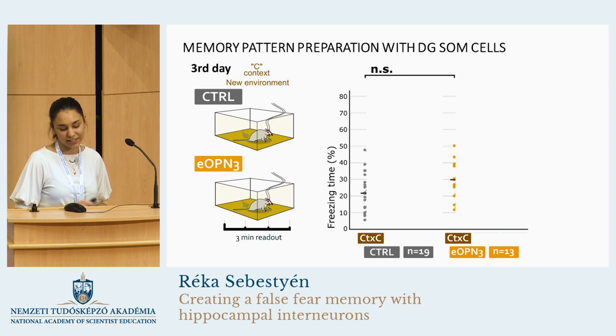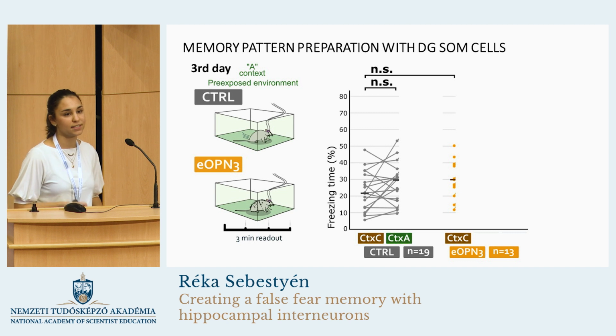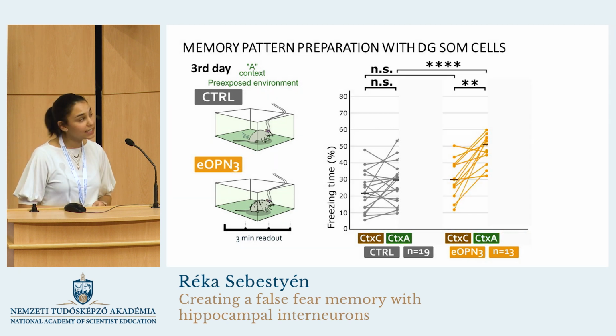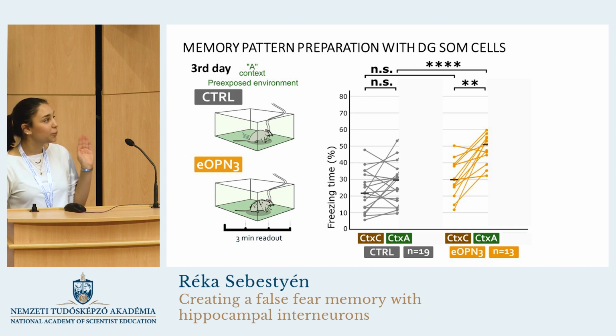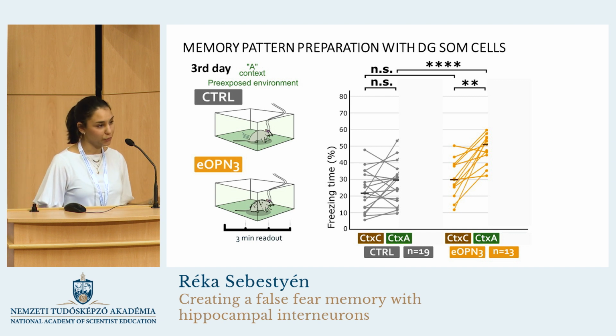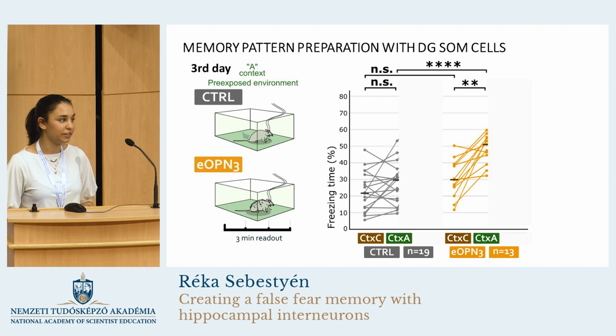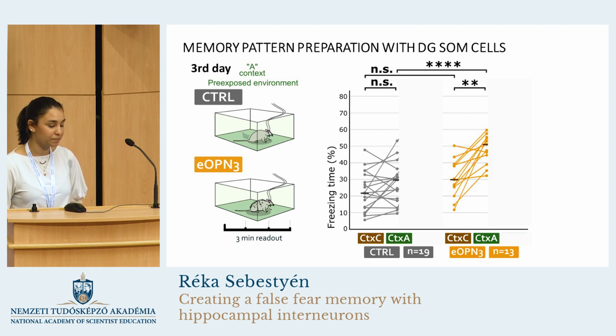But then, interestingly enough, we placed these mice back into context A, which, as you might remember, was the context in which we illuminated the dentate gyrus of the mice. And you can see that the EOPN3 opsin-containing group displayed significantly higher freezing behavior than the control group, even though they have technically never experienced a fearful event in this environment before.